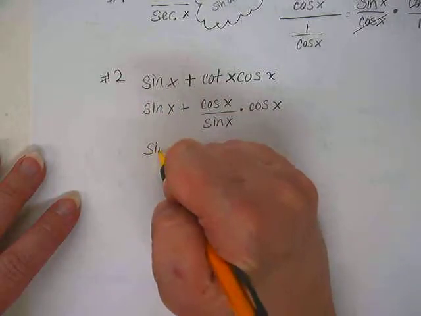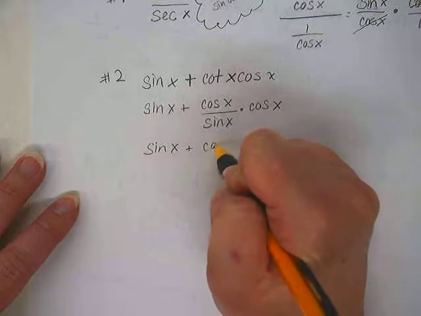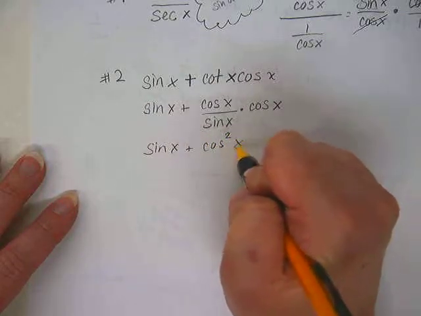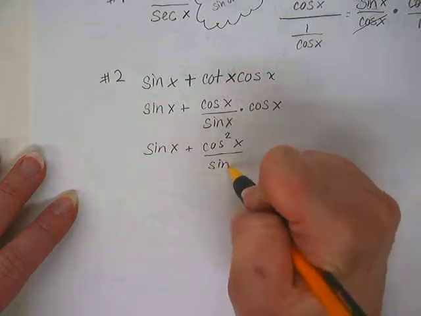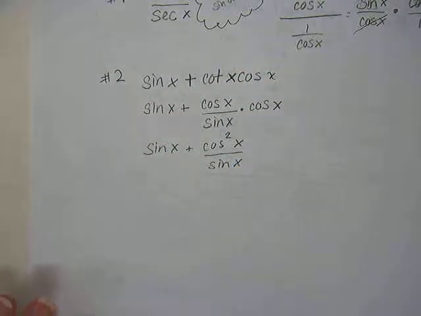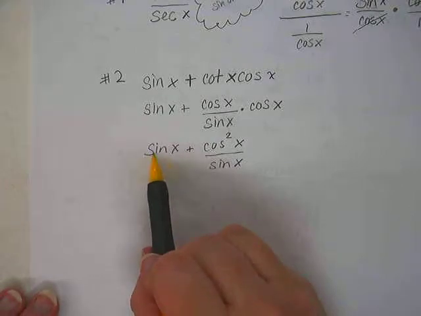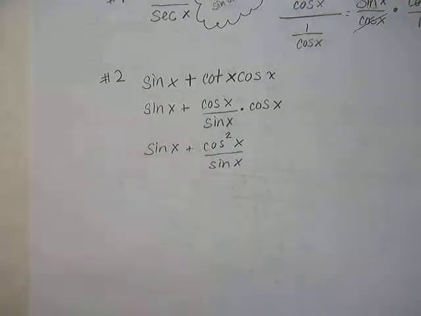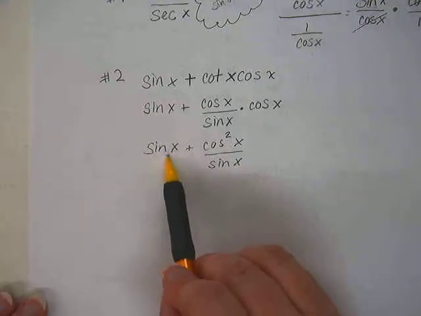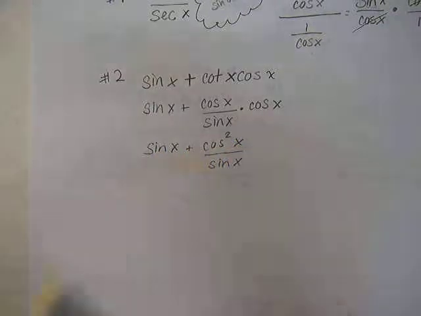Well, there's this obvious simplification we can do here where we change this to cosine squared x over sine x. Now, it's too bad that this is just a sine x and not a sine squared, because if it were a sine squared, then sine squared plus cosine squared equals 1.